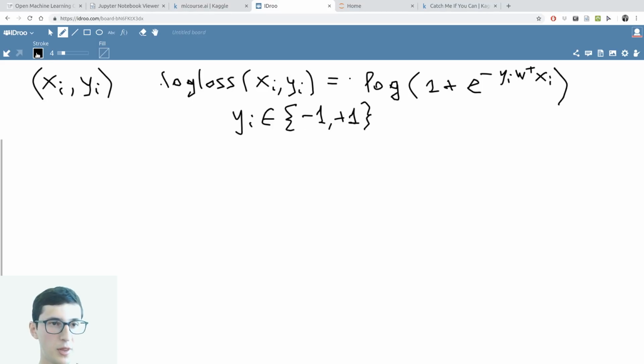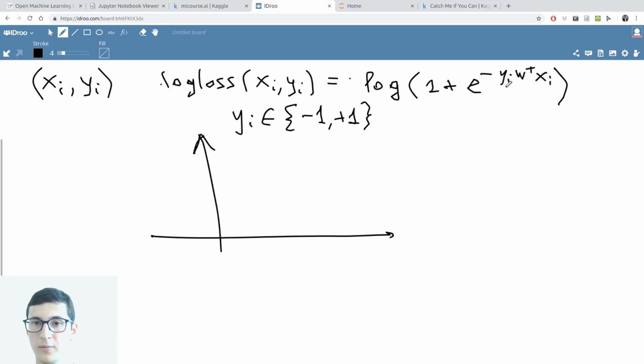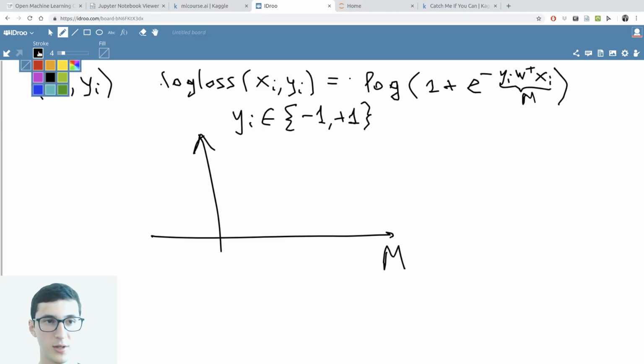Okay, and let's plot this function as an argument of margin. So this product is margin m. Let's put it here. So margin will be on the x-axis. So in this case, an instance xi, yi will be classified correctly if margin is positive and incorrectly if it's negative.